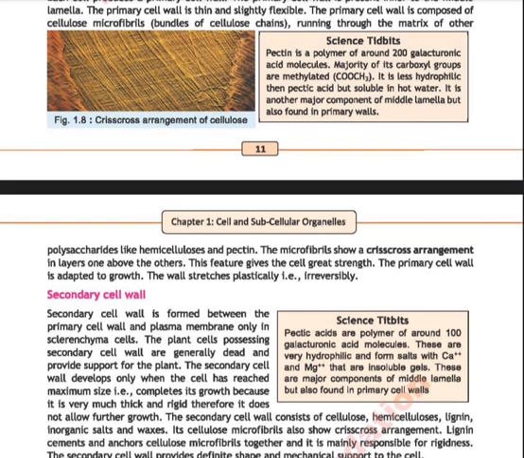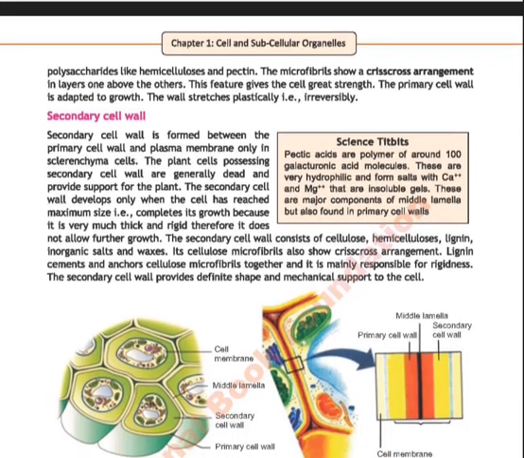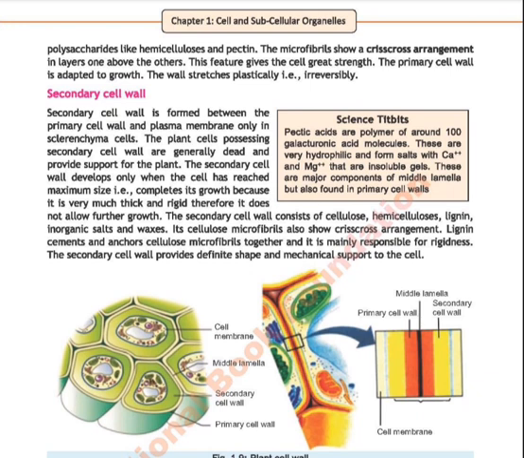The primary cell wall is composed of cellulose microfibrils running through the matrix of other polysaccharides like hemicellulose and pectin.